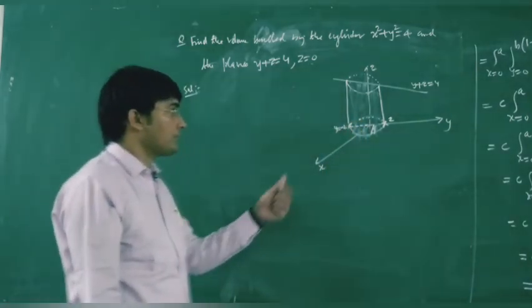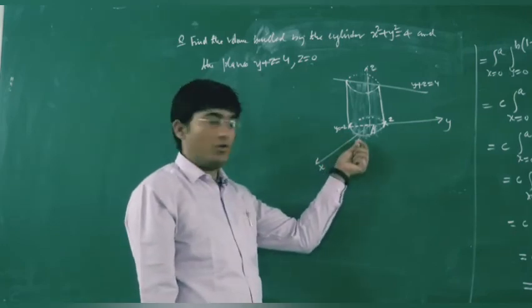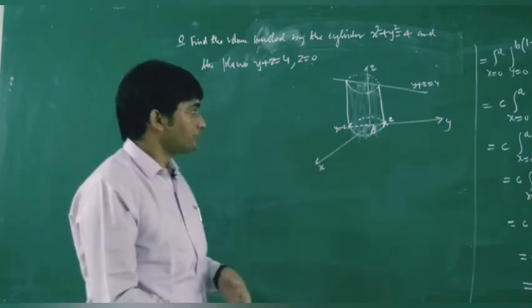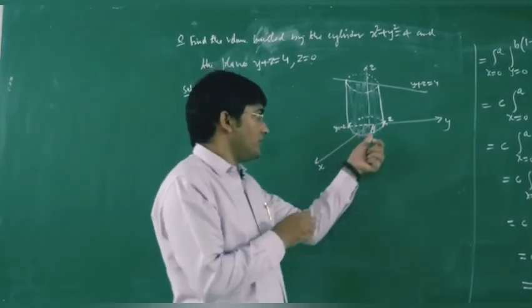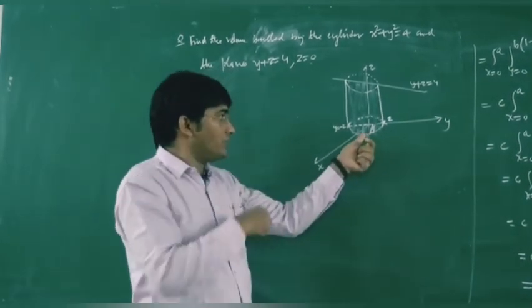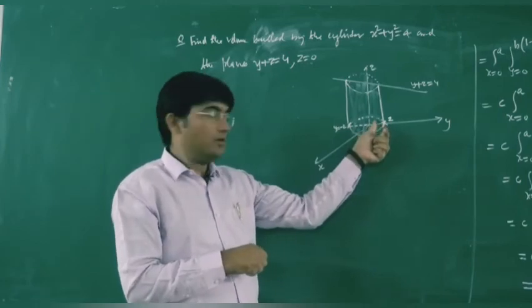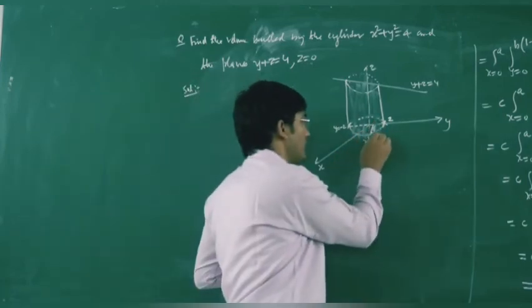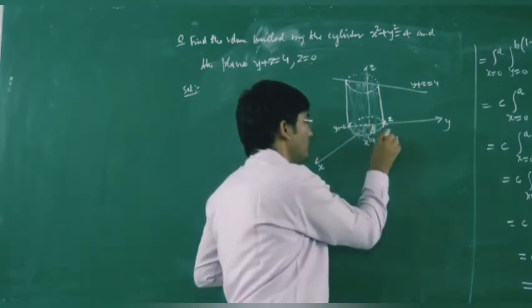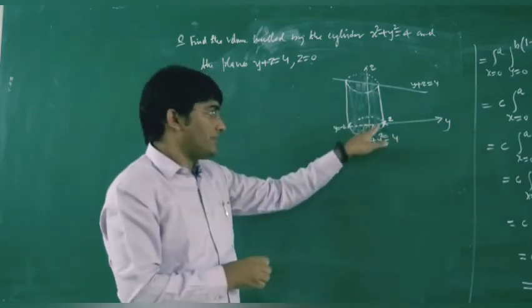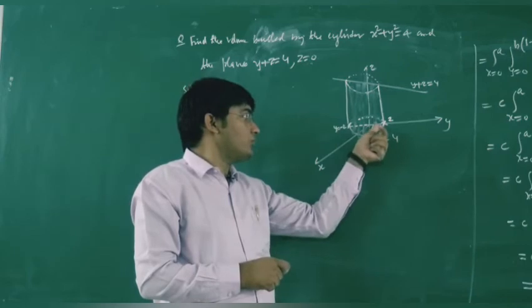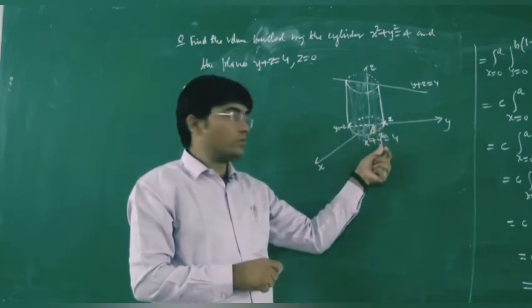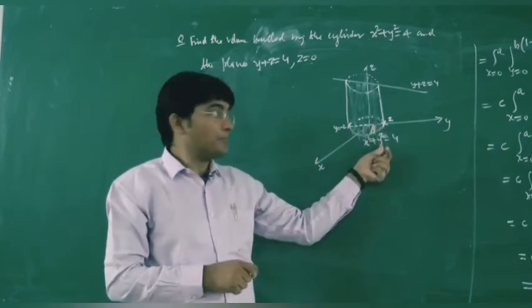So the volume of the cylinder will be equal to, so in this case, now if you want to guess the limit of x here, then you can see that this is your x square plus y square equal to 4. Now at this point our x is 0. So x will move from 0 to square root of 4 minus y square.